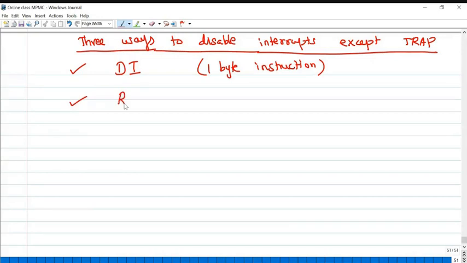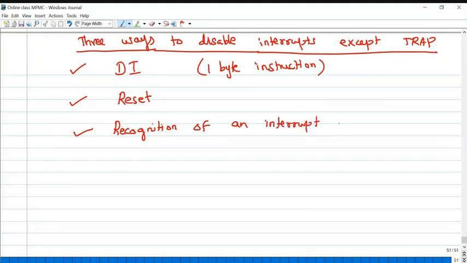Or the reset pin of the microprocessor, or the microprocessor recognizing any interrupt request.